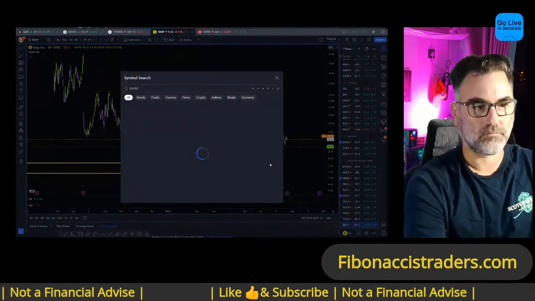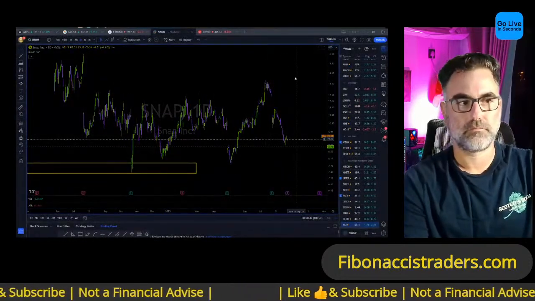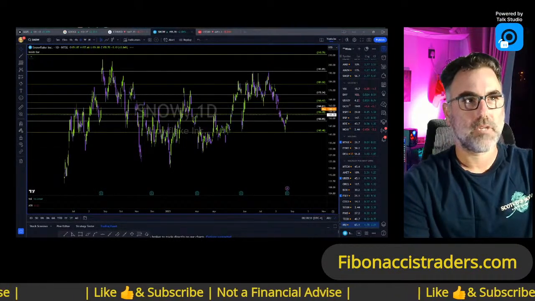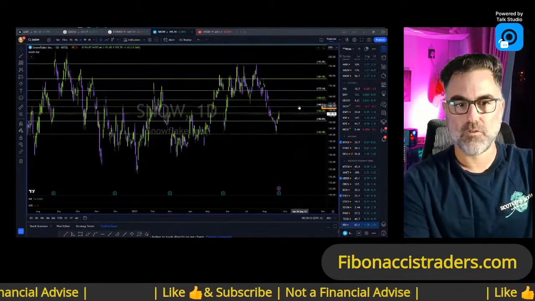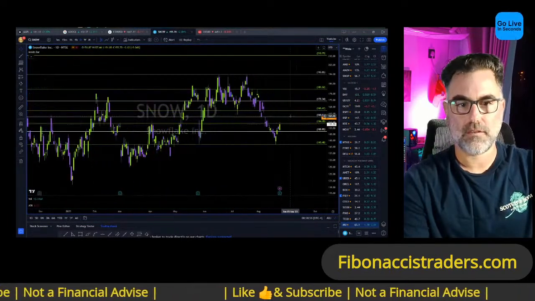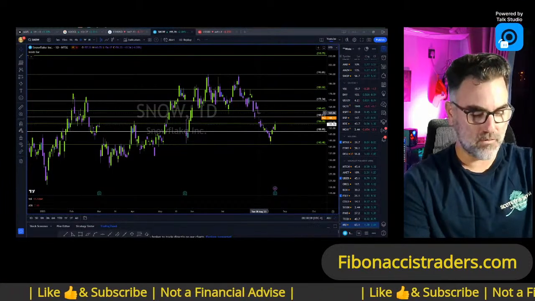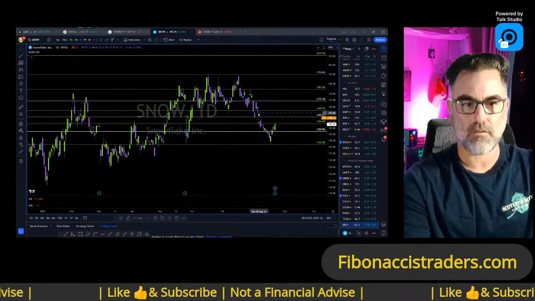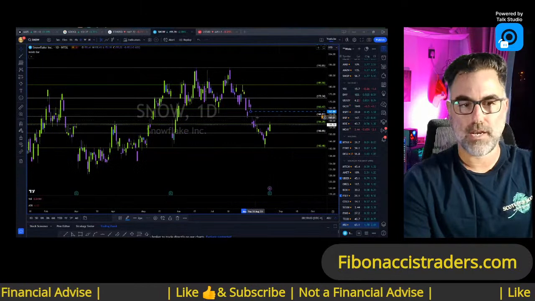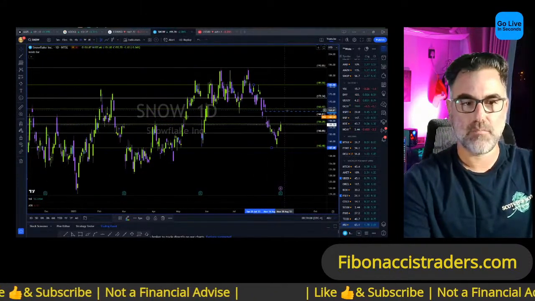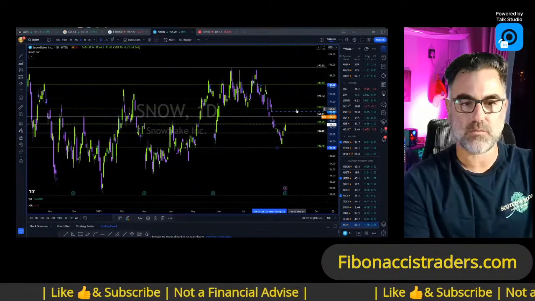SNOW. Going up almost 3% pre-market. We have a gap over here, 164, and as things are going now, looks like we are heading towards closing this gap and the 165. Be careful with the 165. It's the 618 retracement.